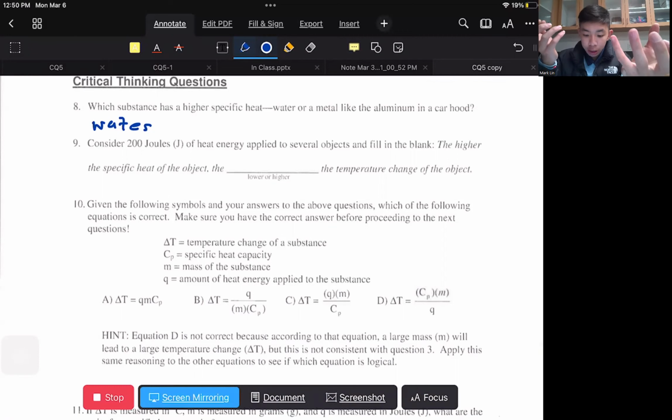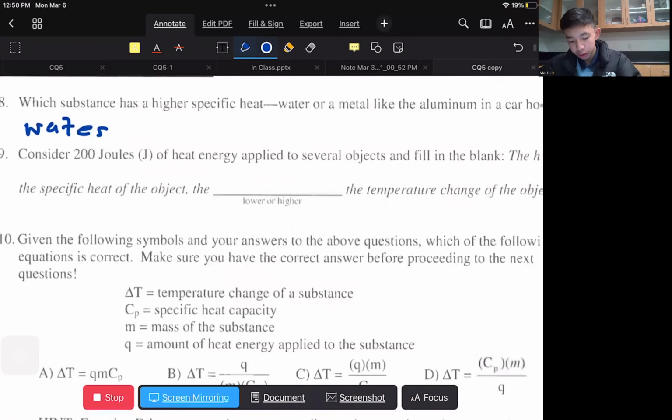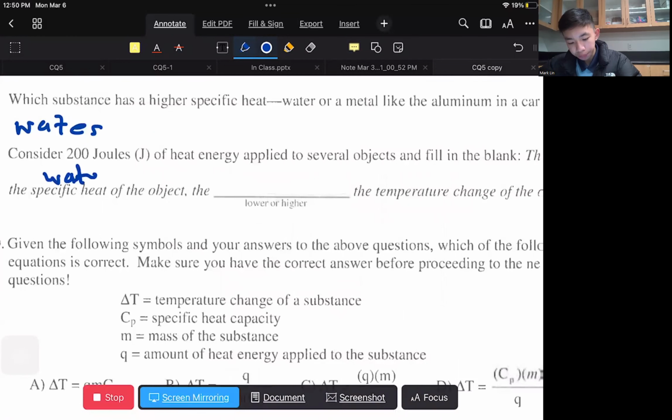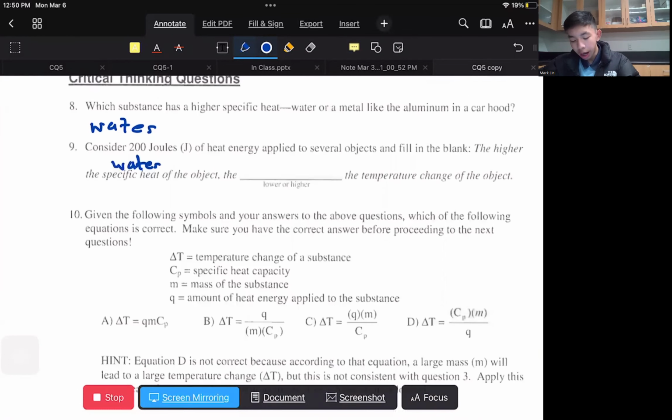So let's just put water down here. The higher the specific heat of the object, the blank temperature change of the object. So this will be lower, because if 200 joules, that's constant, is applied to both water and the hood of the car, water will just absorb all that heat energy, which in turn will have a lower temperature change.